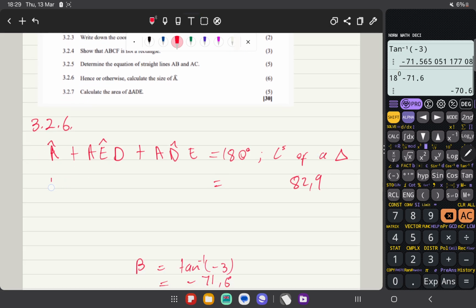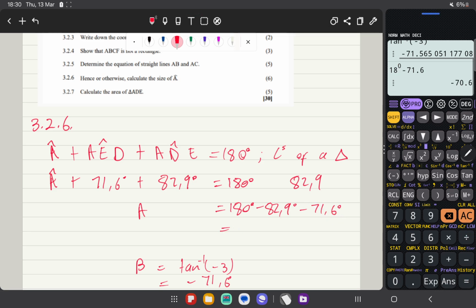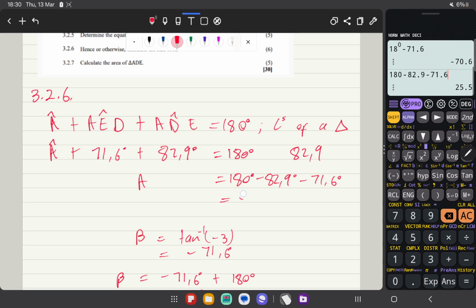Now I am substituting, so A plus 71.6 degrees plus 82.9 degrees equals 180. So A is 180 minus 82.9 minus 71.6, and I have the answer. 180 minus 82.9 minus 71.6 is 25.5 degrees.